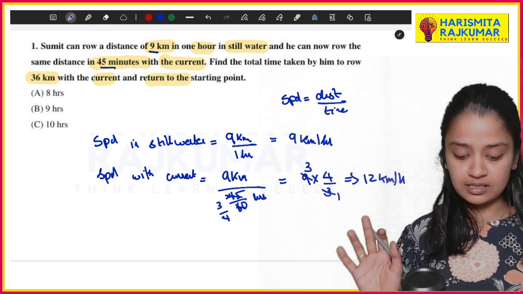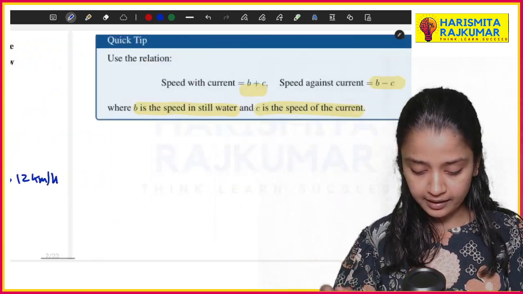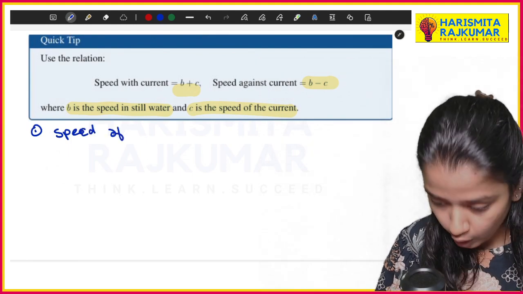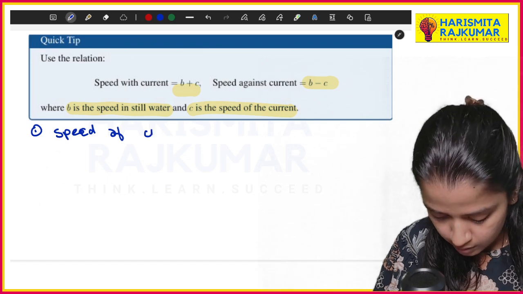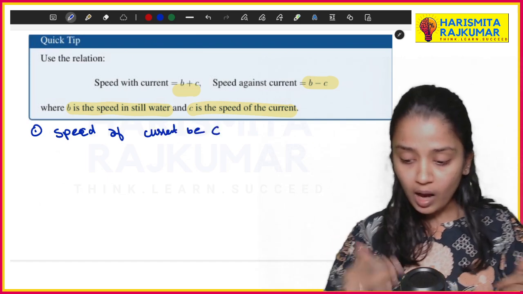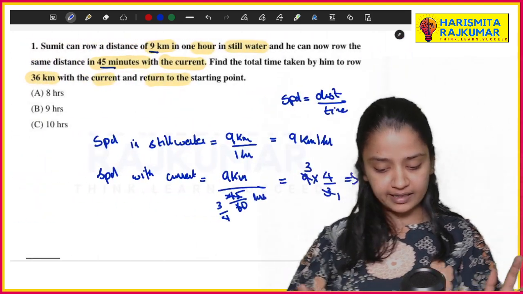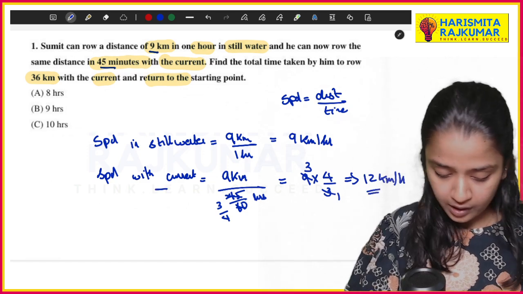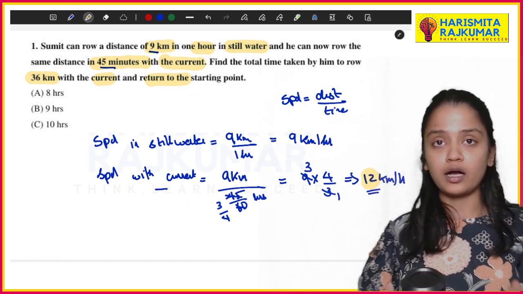Now step 2, let us find the speed of the current. Let speed of current be C. Now upstream, what did they tell? Speed with the current is downstream. I got the answer as 12 kilometers.